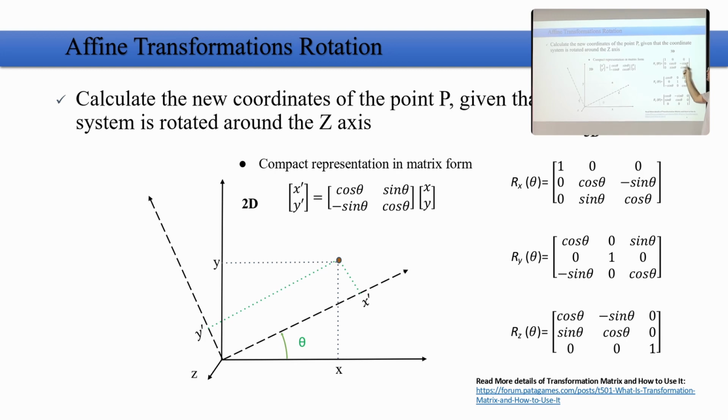You just multiply this and you get the new coordinates that represent the new point after rotation. If you want to rotate around the y-axis, we do the multiplication by this matrix, and for z, we need to multiply by the third one over there. Is everything clear? Any questions?